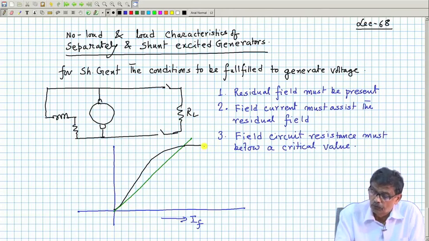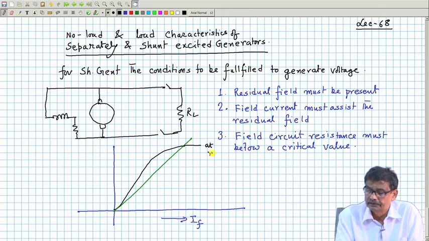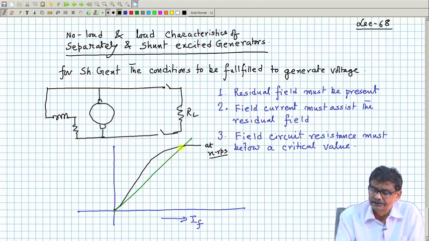Now, this OCC, as for a separately excited generator, is at rated speed; we must always write at what speed the OCC is drawn. Suppose it is at rated speed, and to generate rated voltage, this is the field current.